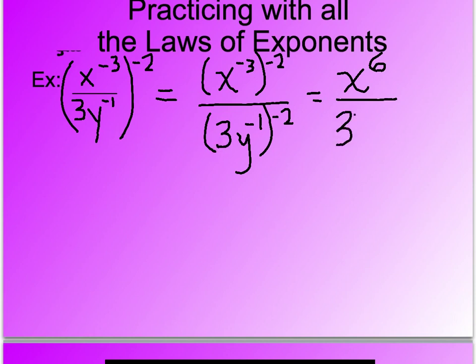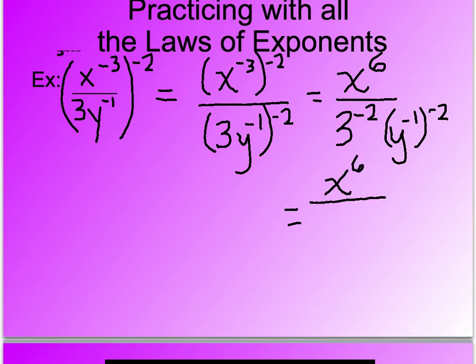So I've got 3 raised to the negative 2 power, and then I've got y to the negative 1 raised to the negative 2. For now, the numerator will stay the same. 3 to the negative 2 is actually 1 over 9. And I know that negative 1 times negative 2 is a positive 2, so I have y squared.